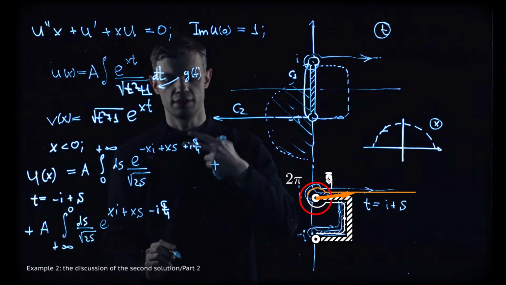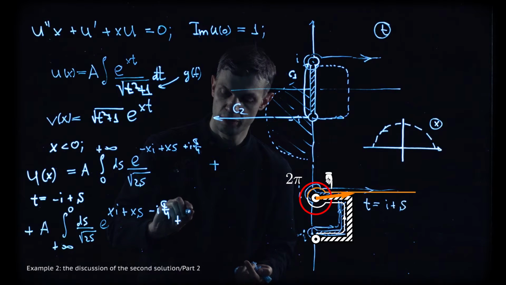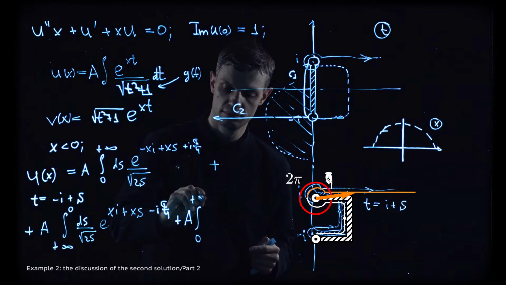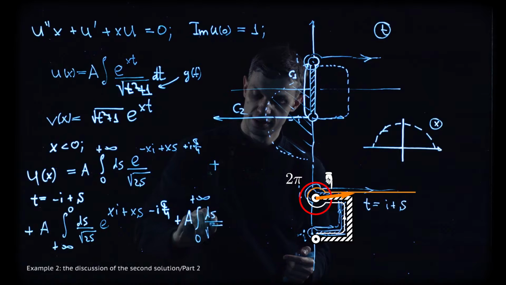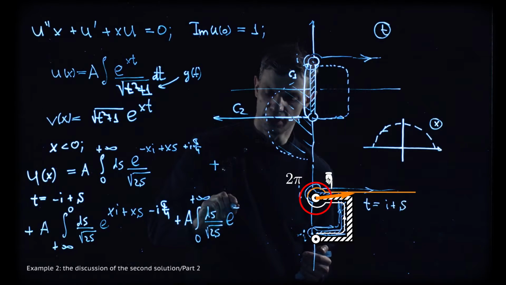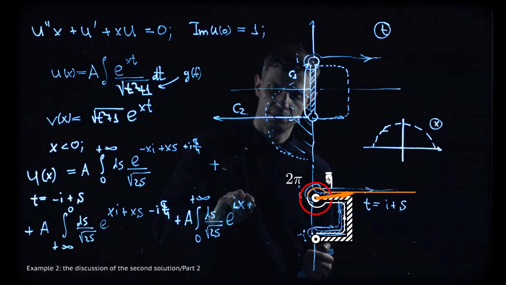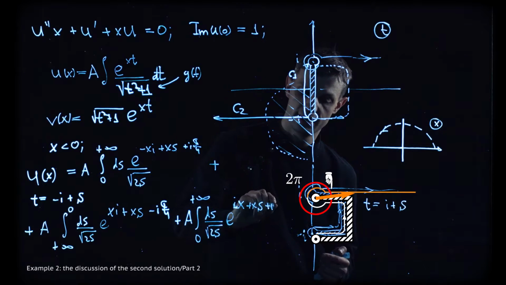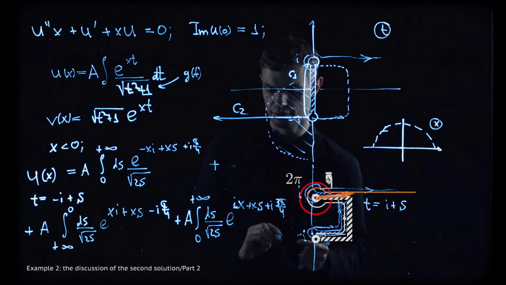Square root gives us minus 3 pi by 4, and in the end we get the integral from 0 to plus infinity ds over the square root of 2s e to minus ix is plus sign plus xs and plus I 3 pi by 4.